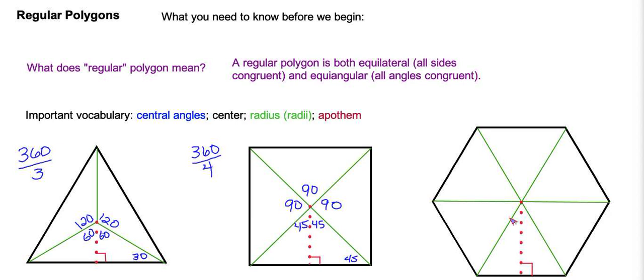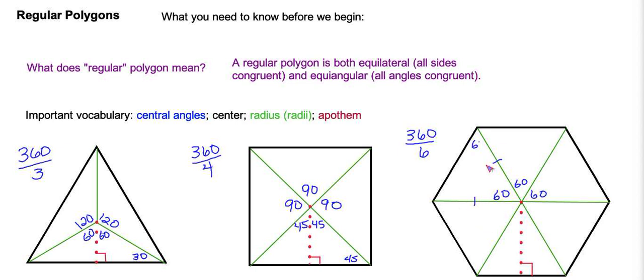It has 6 central angles. 360 divided by 6 gives me 60. Furthermore, all of these triangles that you see drawn in here are regular triangles. I know this because the radii are going to be congruent, so the base angles would be congruent.